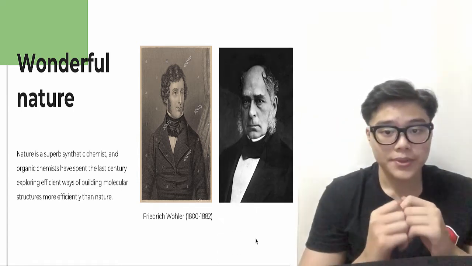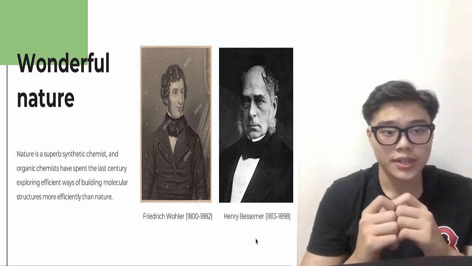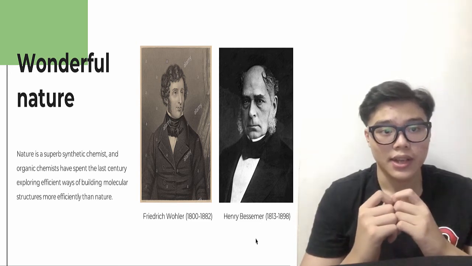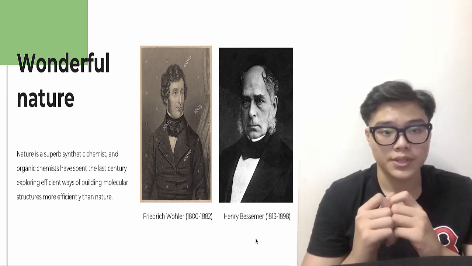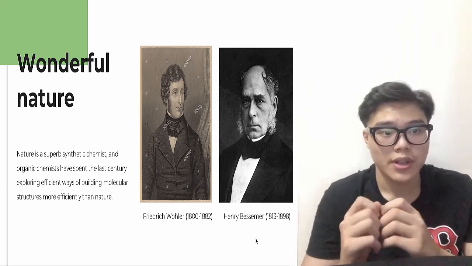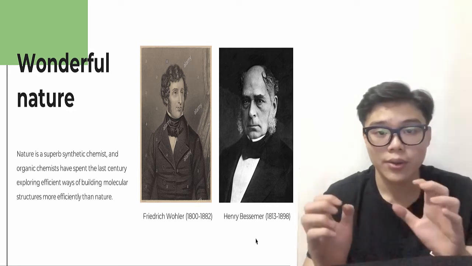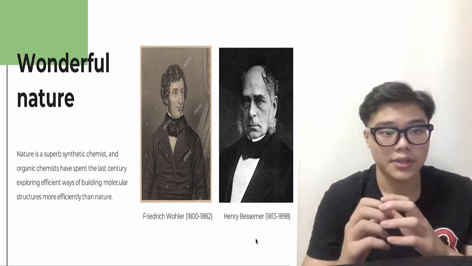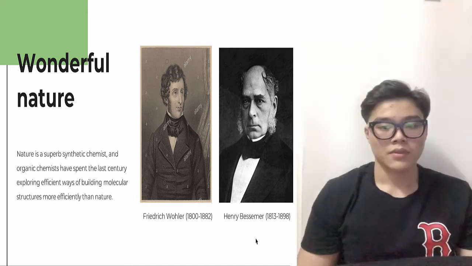And in the next picture is Henry Bessemer, who was born in 1813 and died in 1898. His progress of chemical synthesis has already blotted out the old distinction between inorganic and organic chemistry, and we can no longer say of organic bodies that they are the products of living cells.